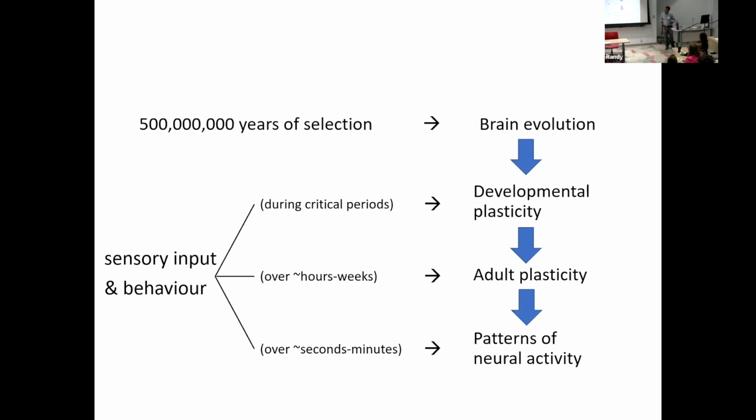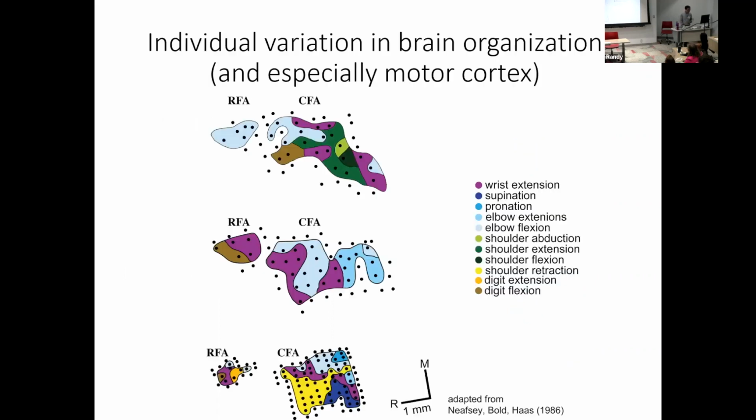Lab animals also are individuals when it comes to their brain organization. And this seems to be particularly the case in motor cortex. So it may be partly the way that motor cortex develops and the sort of competing factors that shape its organization. But there's a tremendous amount of variation in motor cortex.